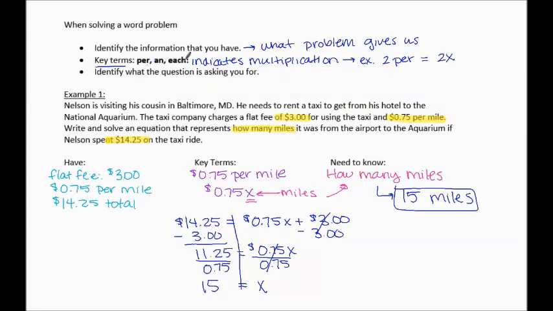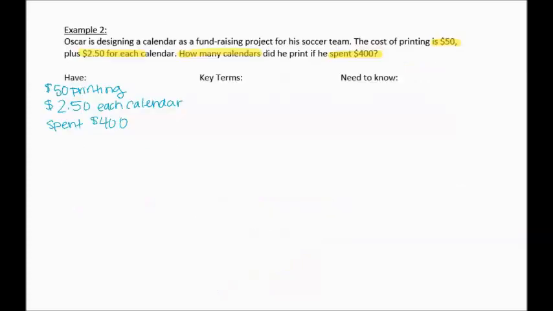Now this isn't a total list. These are just some common ones you might see. So if you see similar words, these are just some examples. So $250 for each. So in my key terms column, $250 for each, which we talked about usually indicates multiplication. So I'm going to write 250x.